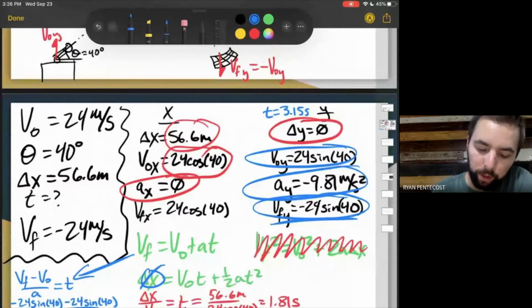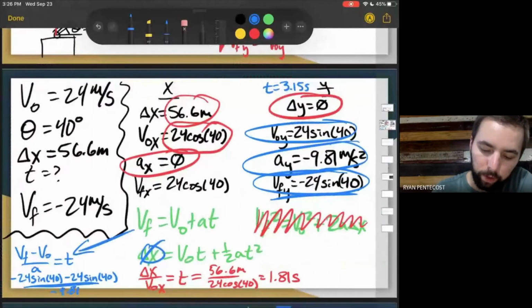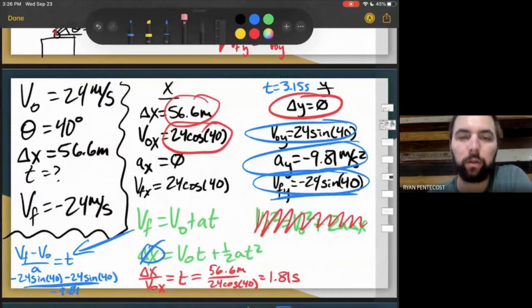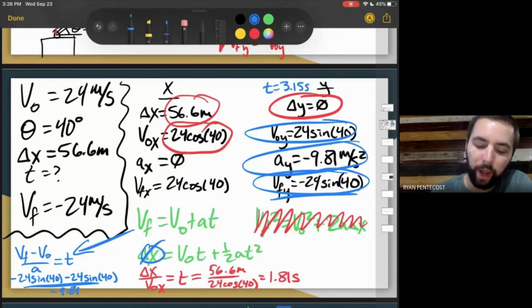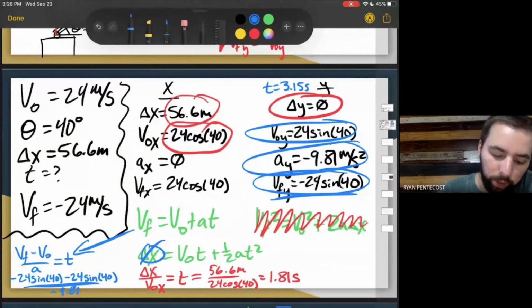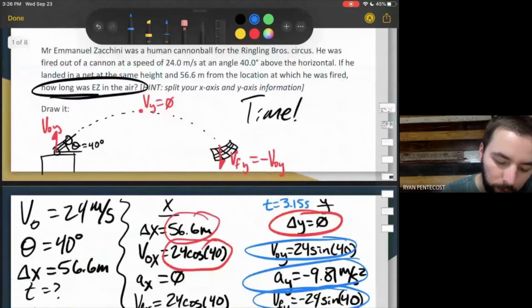If we are looking at the x side, right, we are just looking at how long it takes to go from 56.6 meters, how long it takes to go that distance if we are going 24 cosine 40 with a velocity. But we don't actually just go that distance, right? We didn't go from here to here. It was not some straight line, right?